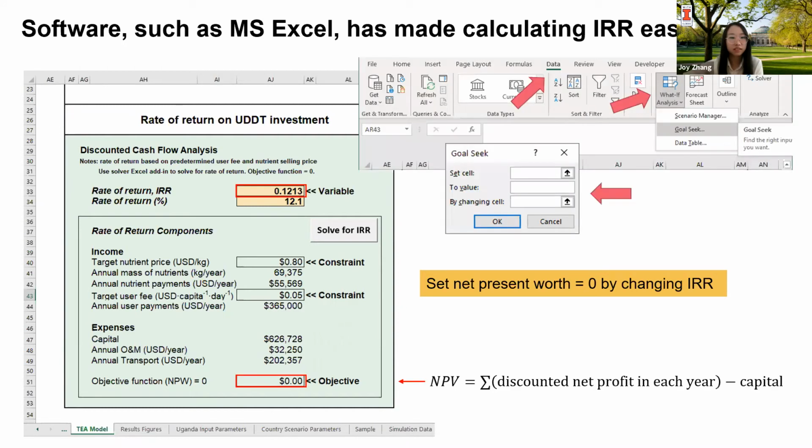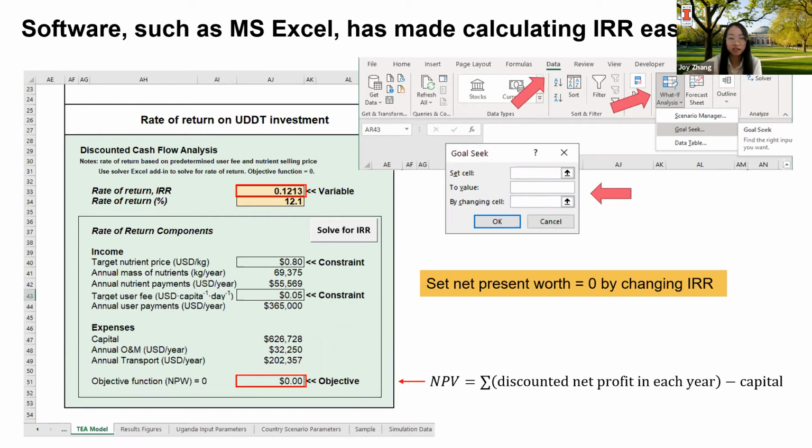Next, please. And here I'm showing you how to access the functions in Excel that can do this for us. It will be under the data tab, what if analysis, and the goal seek function. In the goal seek window, we can see there are 3 inputs. We need to set a cell to a certain value by changing some other cells.